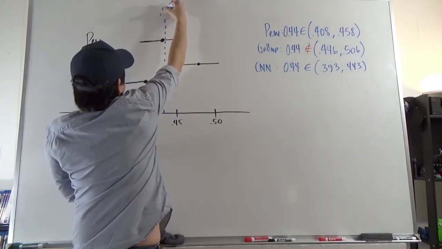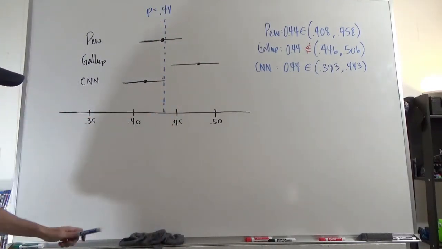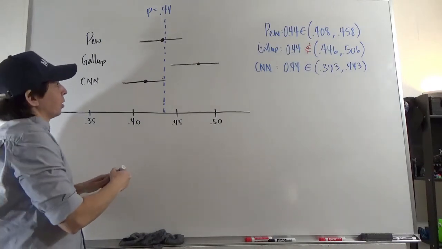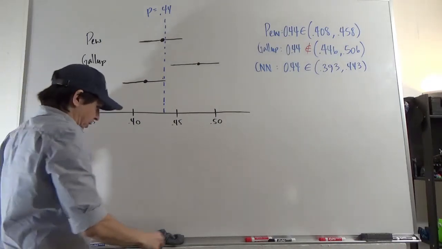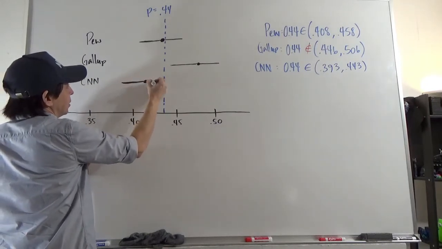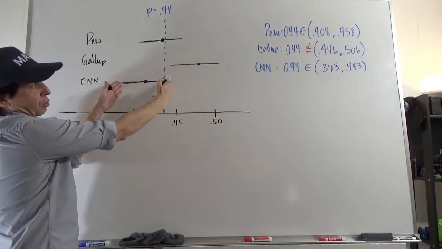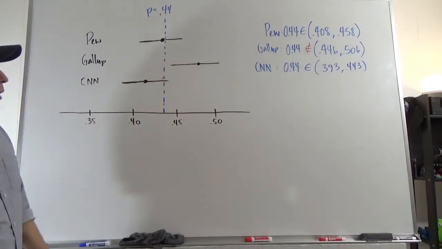But based on this 44, that's your actual p, your population proportion of all voters who approved the president. It was 44. And you can see visually, although I have to adjust it a little bit, CNN barely had it, as we said. So it is within CNN, so you can visually see that. Barely though, we talked about that.